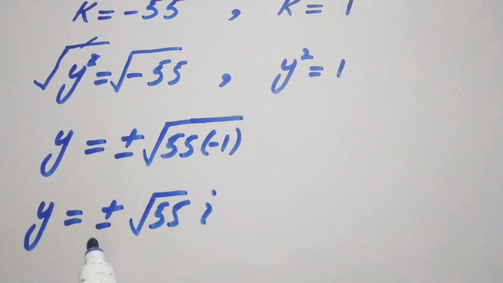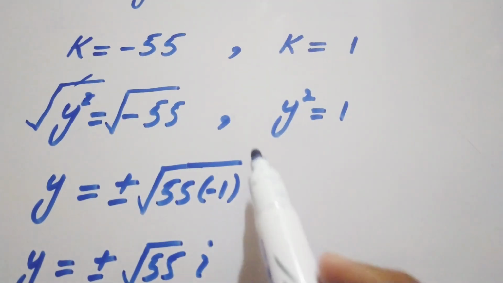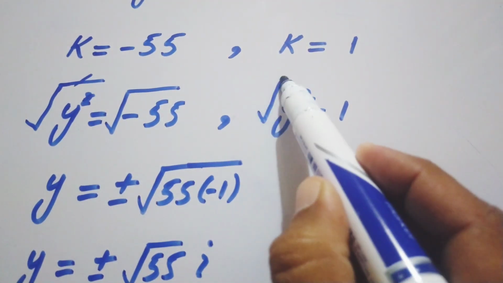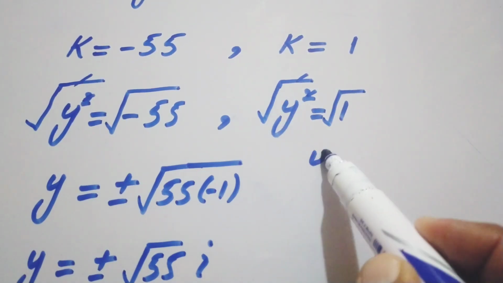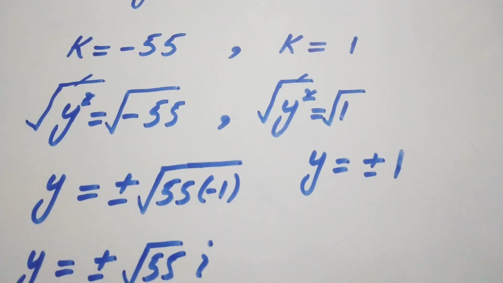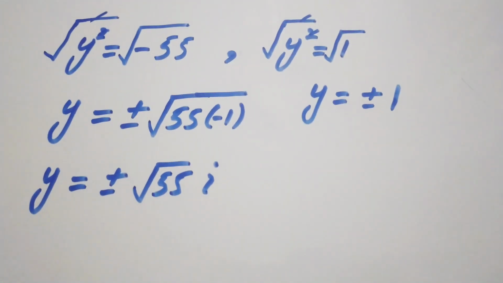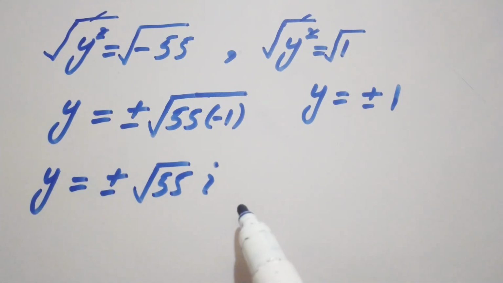So y is equal to plus minus square root of 55i. And here, taking square root on both sides, this square cancels with this. Here y is equal to plus minus square root of 1, which is equal to plus minus 1. So now we have y is equal to plus minus square root of 55i and y is equal to plus minus 1.